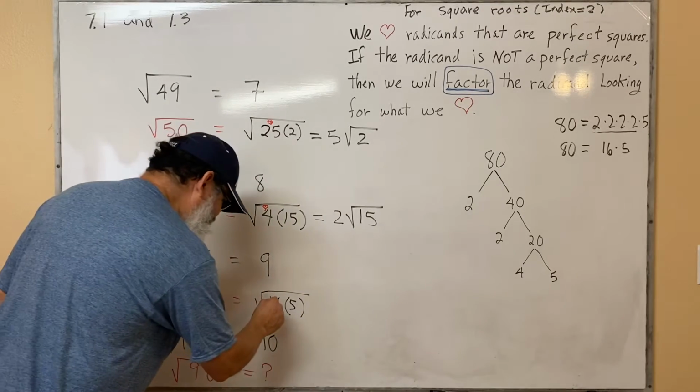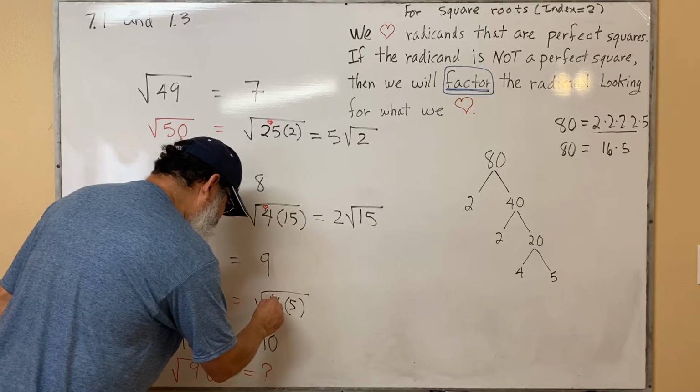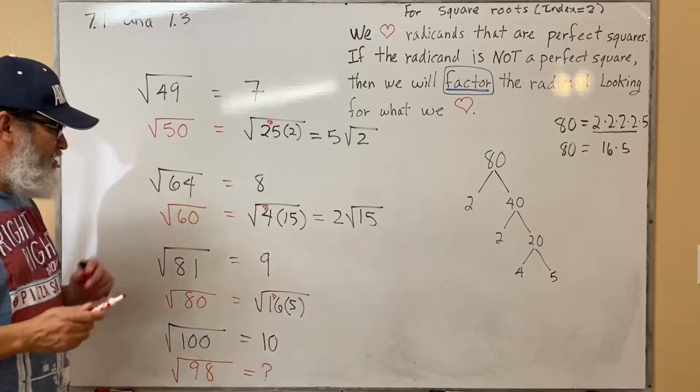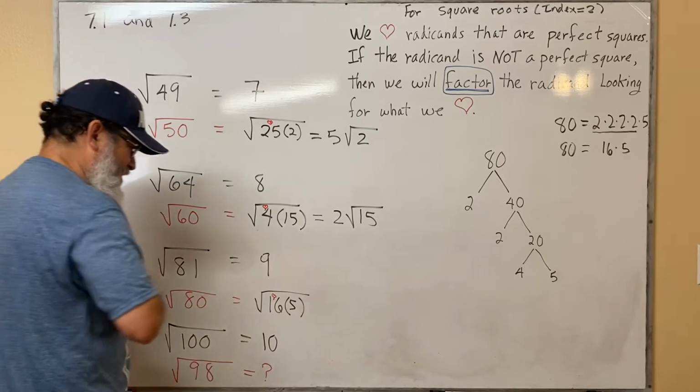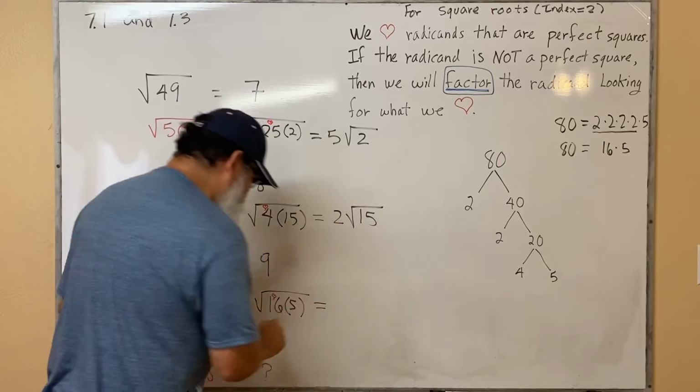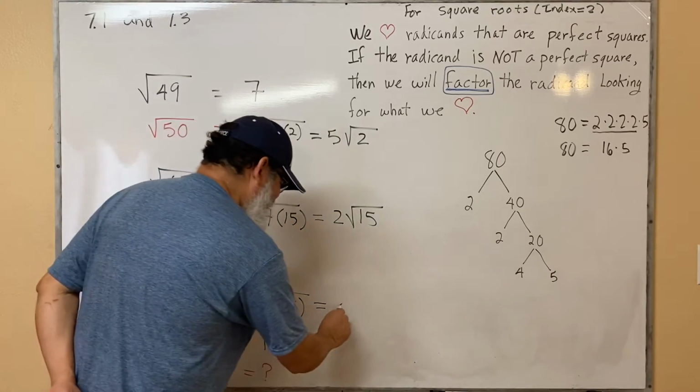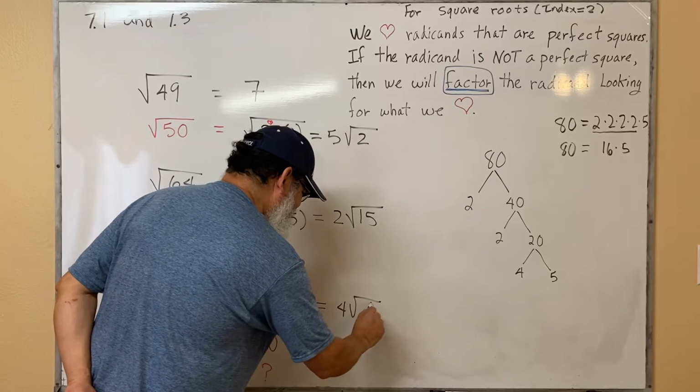But the 16 you love. Put a heart there. You love the 16. The 5 you don't care for. Okay. And so therefore, what is the square root of 16? 4, the square root of 5.